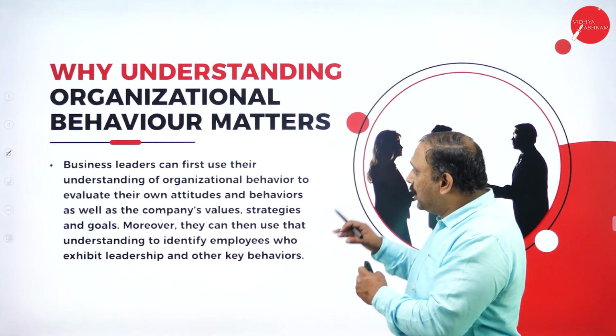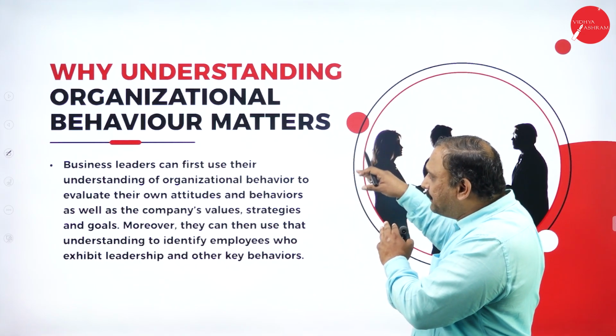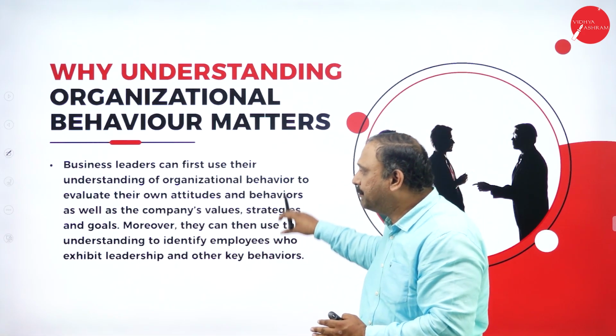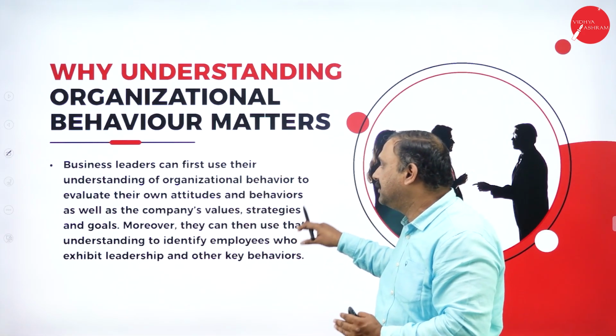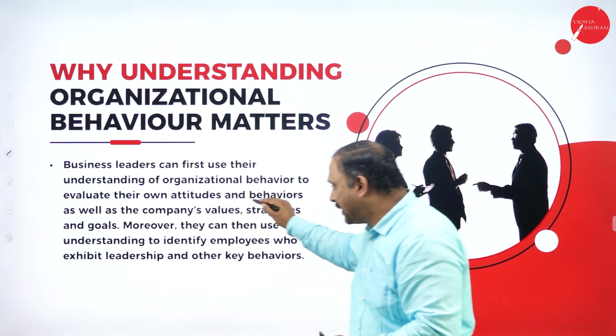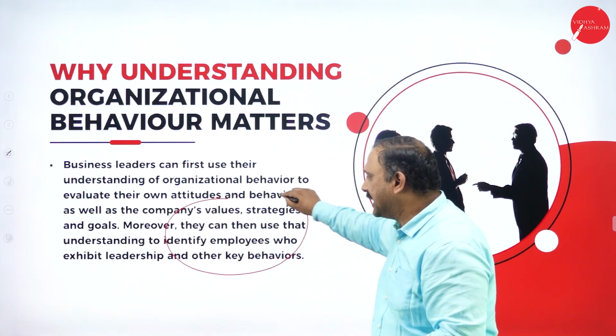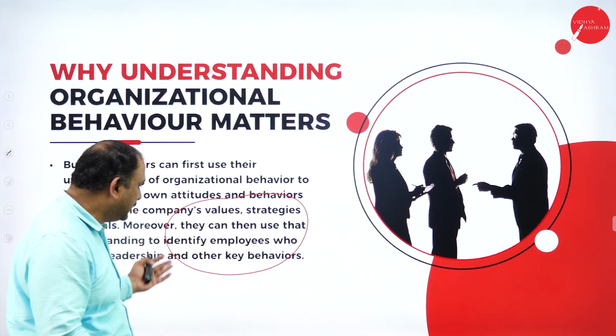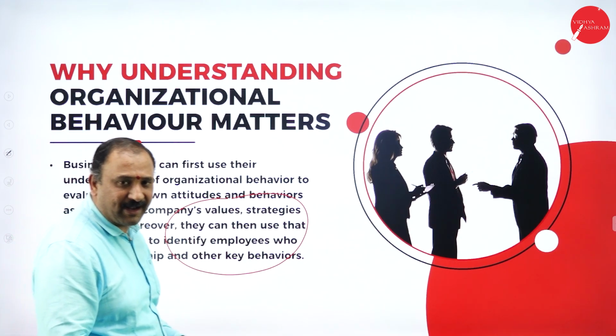Followed by which we try to understand the business leaders in terms of their attitudes and behavior. That is very important for the company's values, strategies, and goals. And moreover, they can use it to identify employees when they come to leadership and other key behavioral factors.